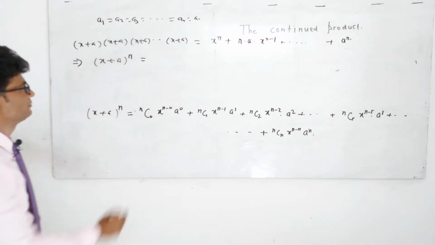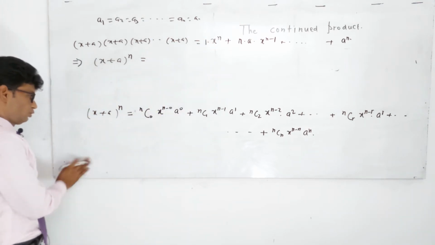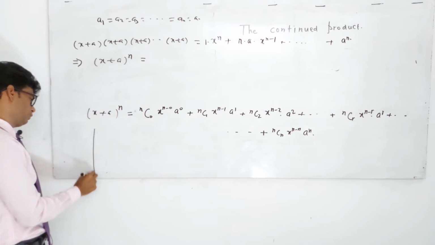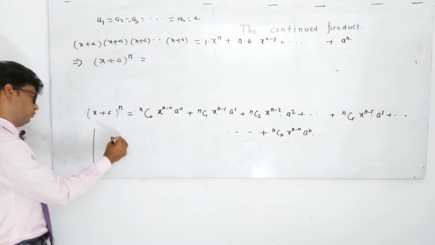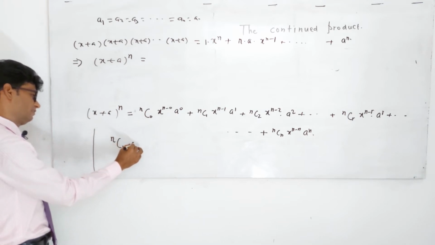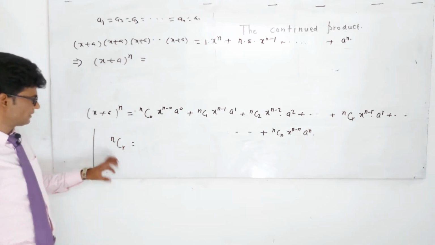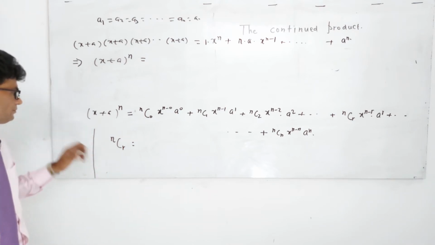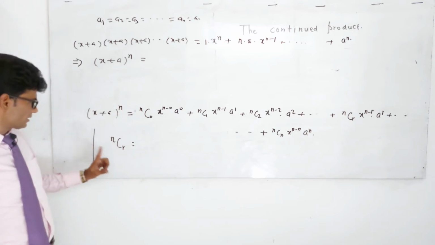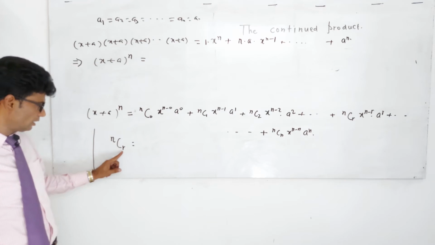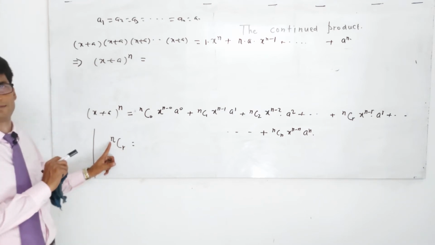Now here is the one. Just I want to give you a clip here. What is the meaning of nCr? Firstly, it stands for what? Combination, or selection, of r things from n given different things.